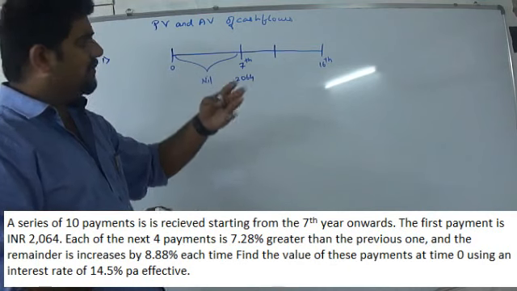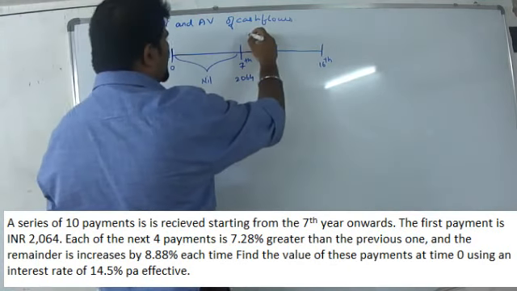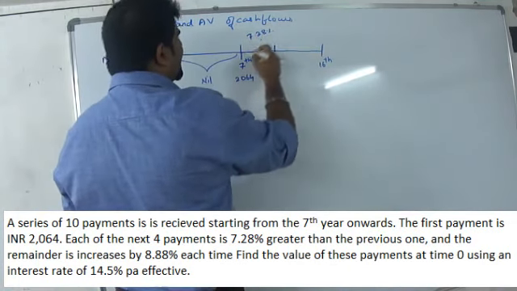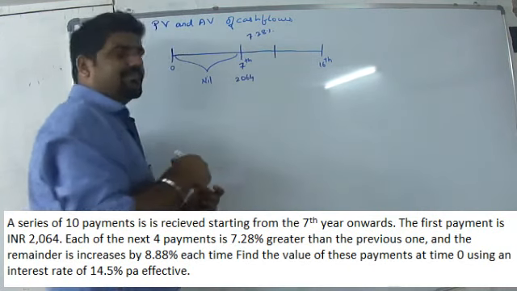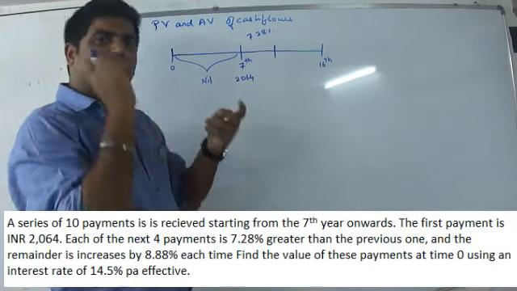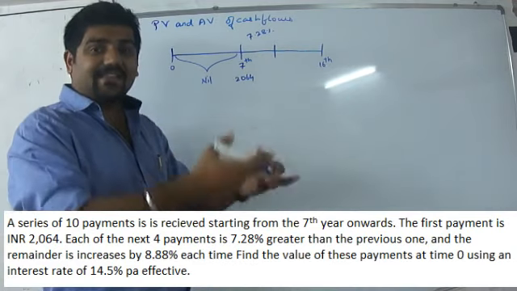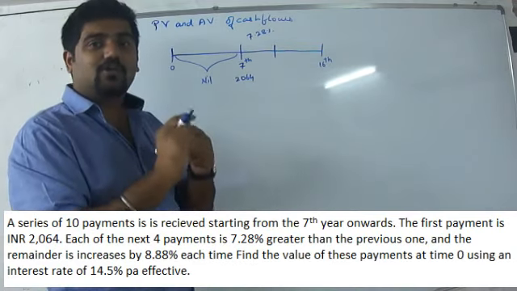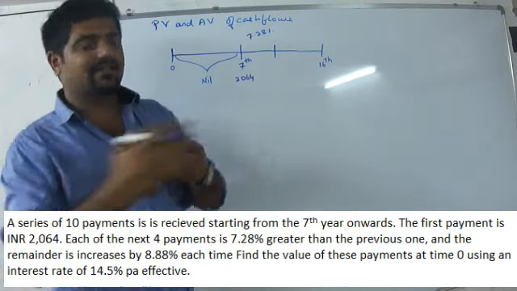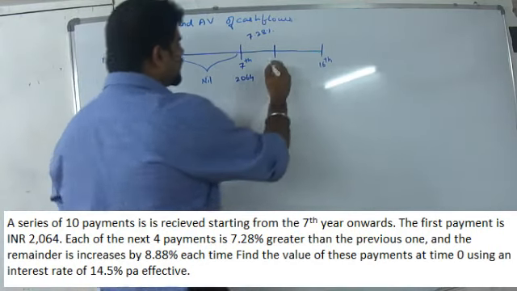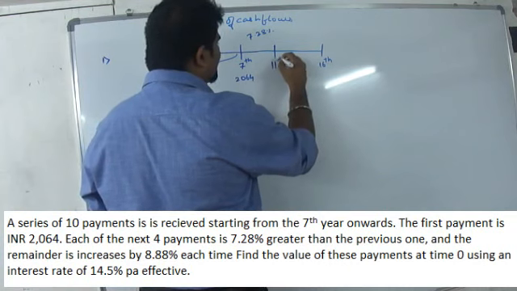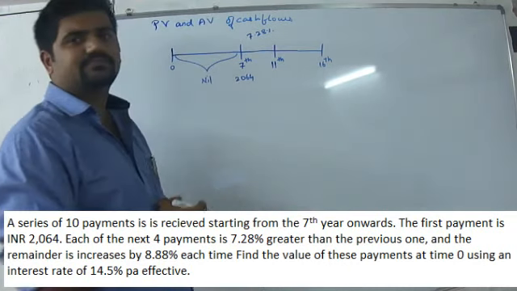Each payment is going to be 7.28% greater than the previous one. That means in the 8th year, it will be 7.28% more than the 7th year. In the 9th year, it will be 7.28% more than the 8th year, and so on. This is going to continue till the next 4 years, that means till the 11th year.